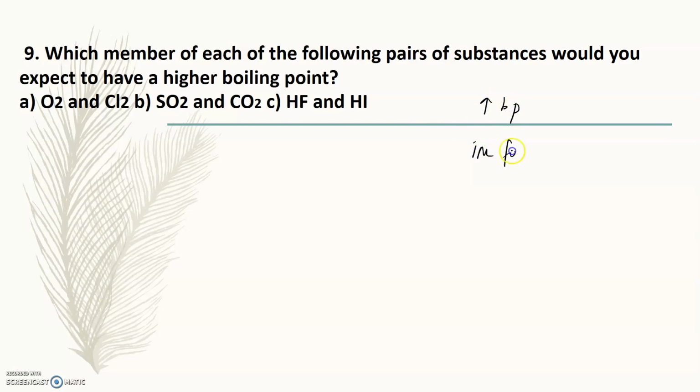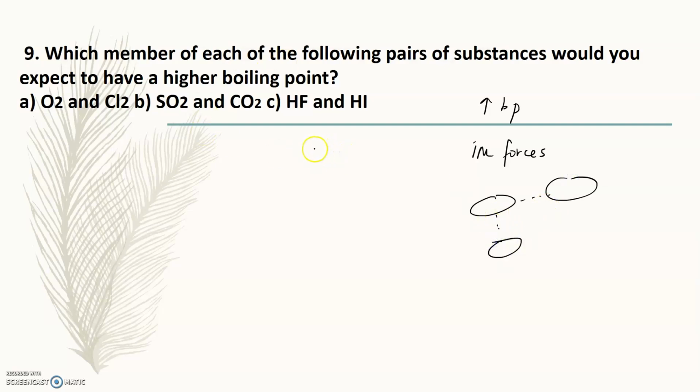You learned in chapter 4 that the strongest is the hydrogen bond. It has a higher boiling point because it is difficult to break the bonding between the molecules. Intermolecular forces are the forces between the molecules.